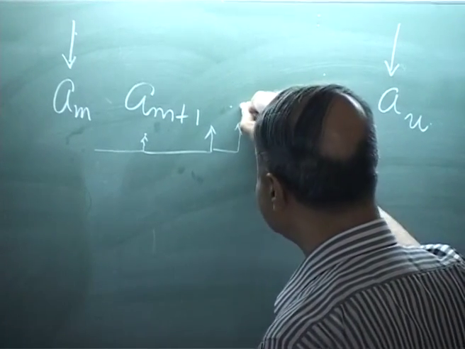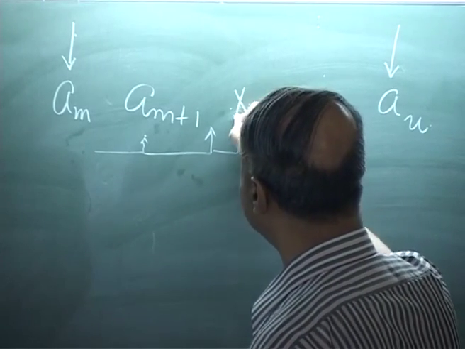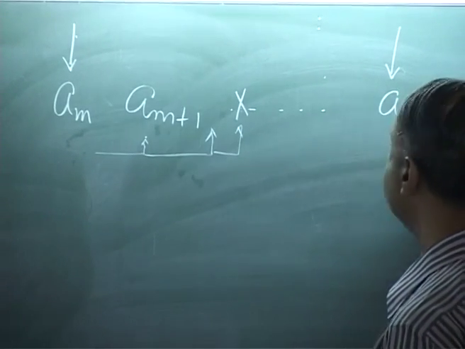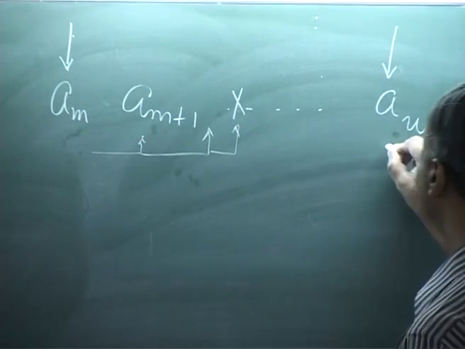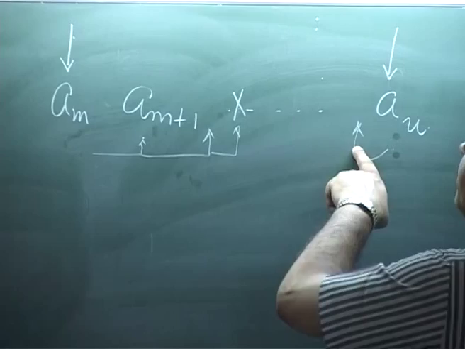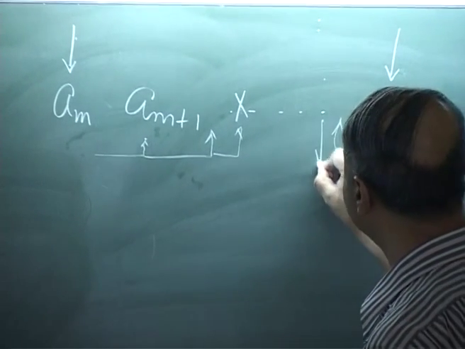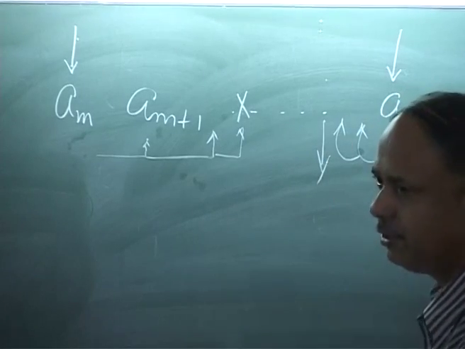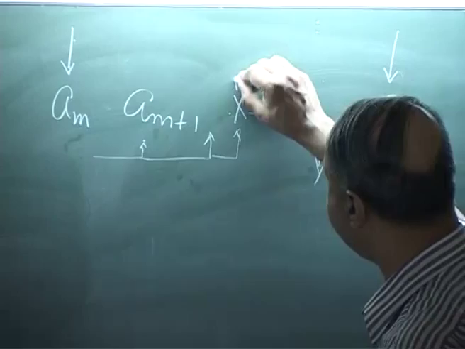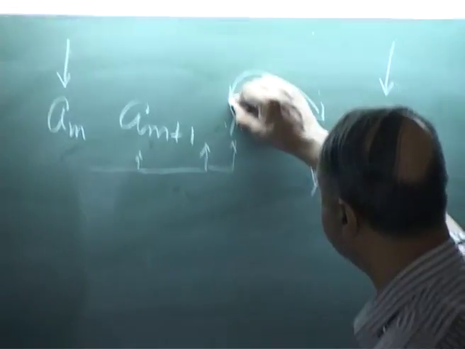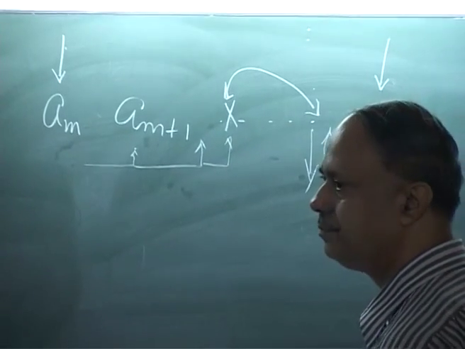Now, if you find that this element is larger than this element, then you stop here. Now you start searching from this side. If you find that this element is larger than AM, you go to the next one, and so on. Finally, you may get a position where this element is smaller than this one. So you interchange these two, and then you proceed again.